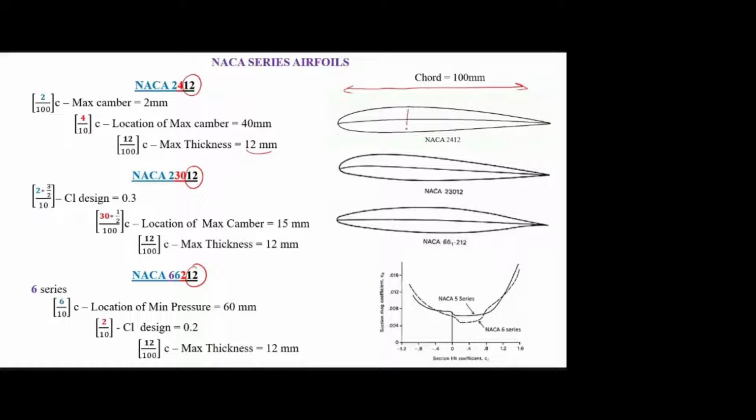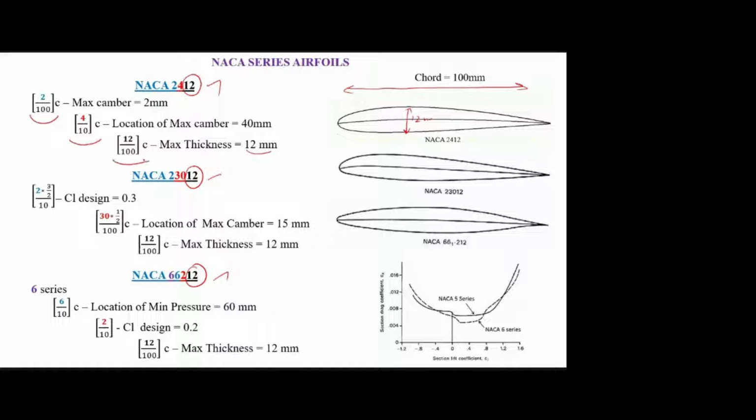So the maximum thickness of this airfoil is 12 mm. If it is given as 16, then it is 16 mm, 16% of the chord.